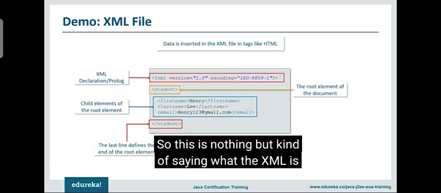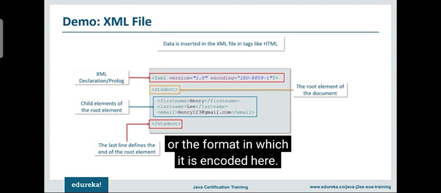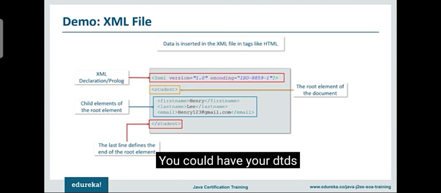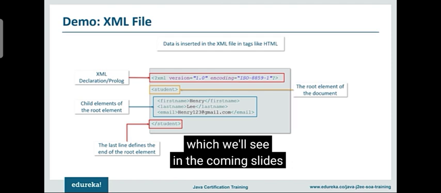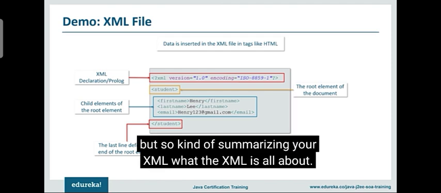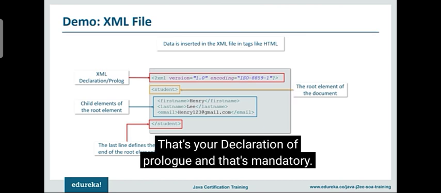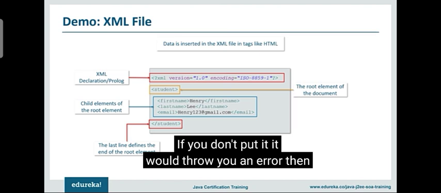It says what the XML is or the format in which it is encoded. Here you could have your DTDs, which we'll see in the coming slides, but it summarizes what the XML is all about. That's your declaration or prologue, and it's mandatory. If you don't put it, it would throw an error.